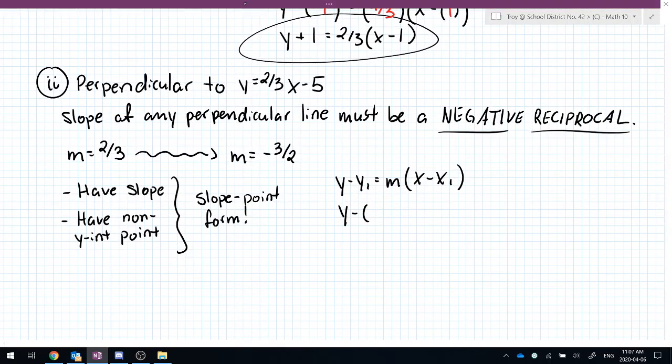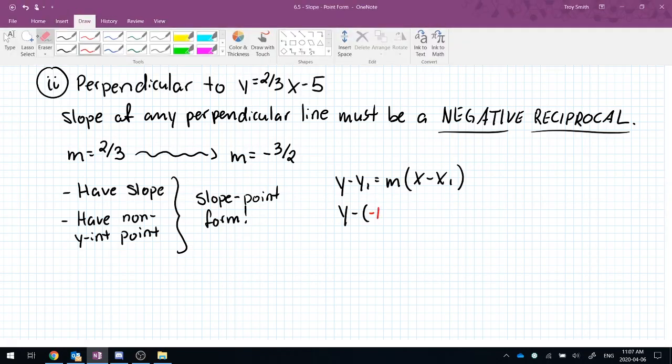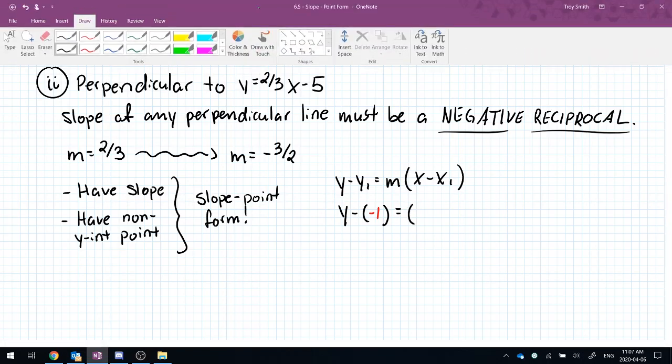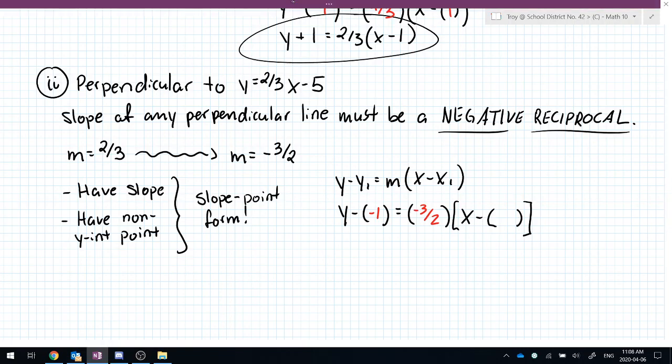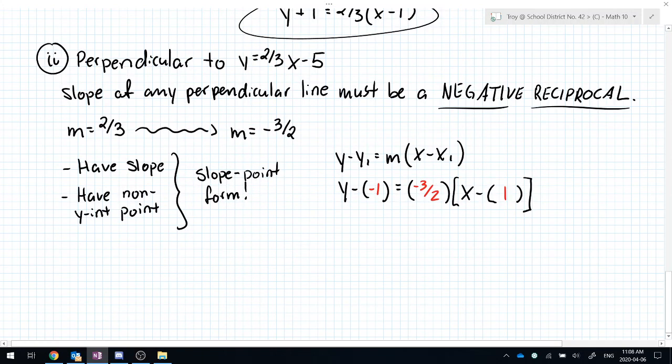So -1 is the y coordinate on that one. The new slope we just found is the negative reciprocal, so this one's going to be -3/2. And then our x coordinate is going to be the x coordinate of that point r, which was +1. So put it there. And now I can clean this up a little bit. So minus -1 is the same as adding 1.